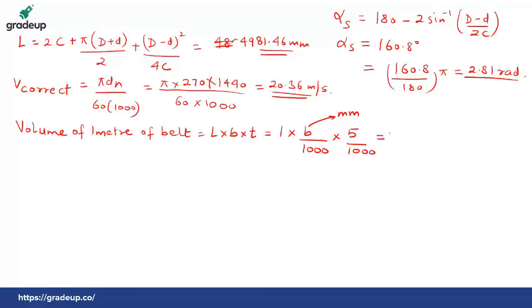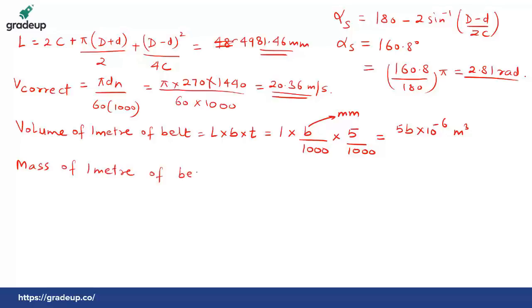So we get this value as 5b into 10 to the power minus 6, in meter cube. This is the volume. So the mass of 1 meter of belt will be what?